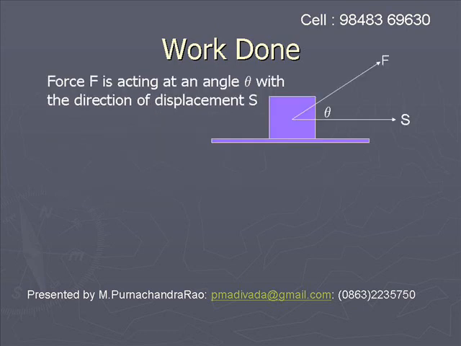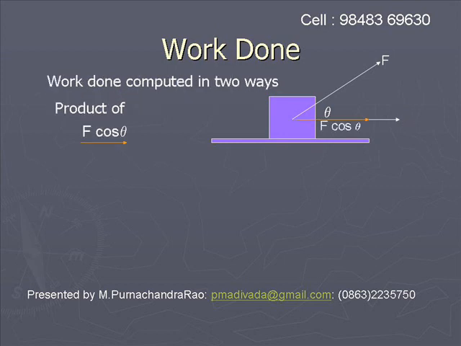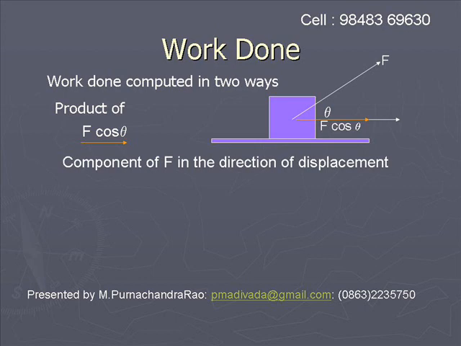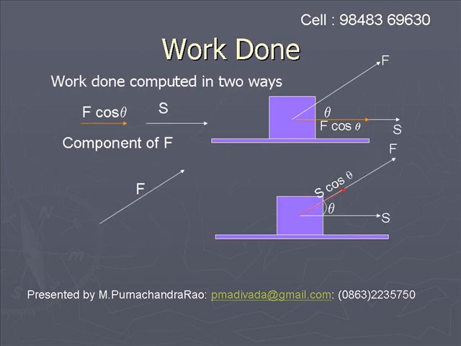To understand this, take the first figure. Here the force F is acting at an angle theta with the direction of displacement S. The component of force F in the direction of displacement is F cos theta, and the displacement is S. Then the work done is F cos theta into S. Take the bottom figure. Here F is acting at an angle theta.